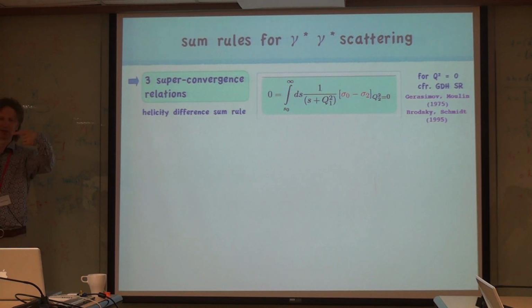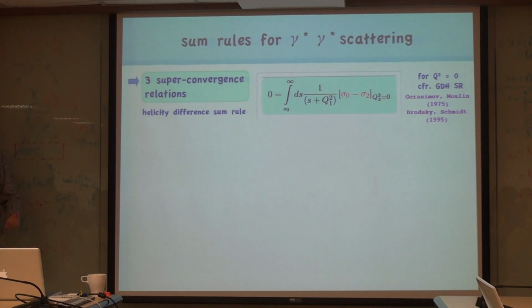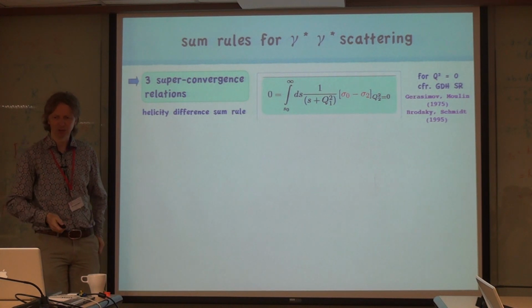If the helicities are pointing like this, the total helicity is 0. If they are pointing like this, it's 2. This is the equivalent of the longitudinal spin structure function. So it's the difference between one helicity combination and the other helicity combination.